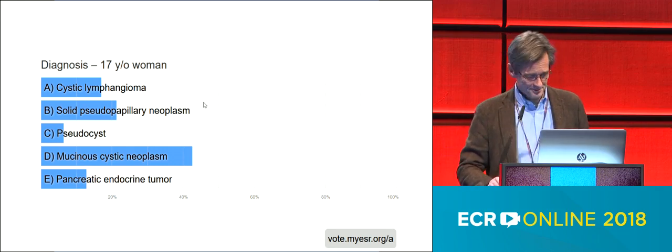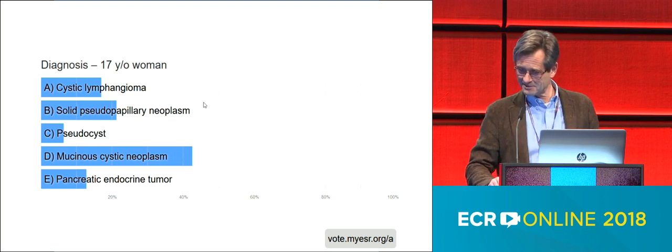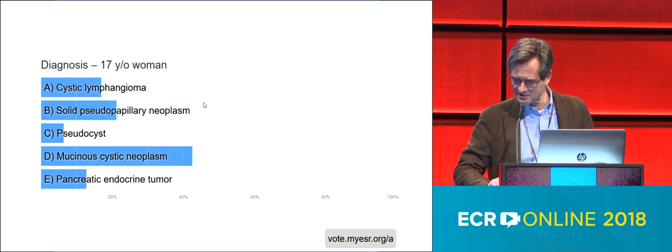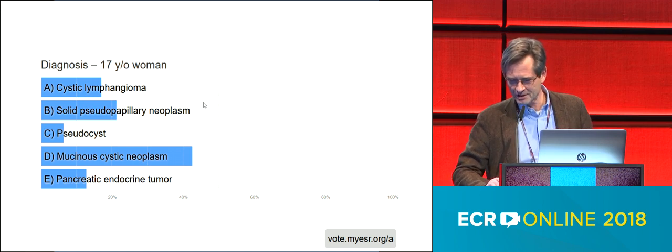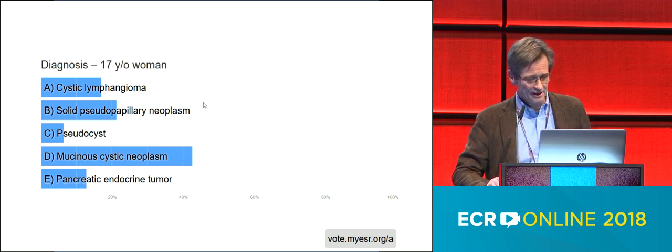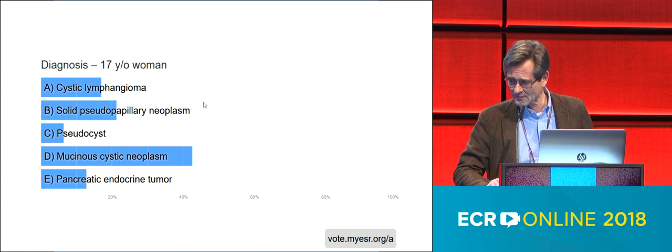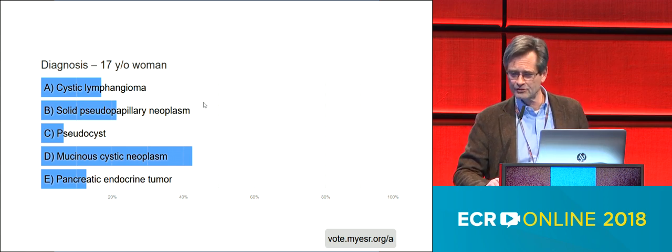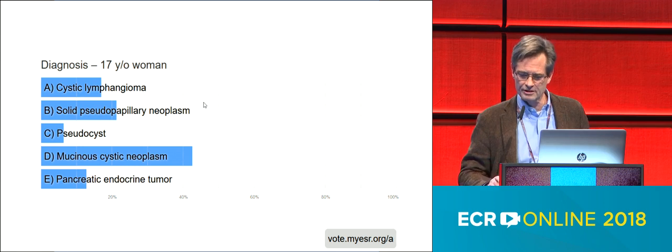So that's a nice answer, since I can discuss that. The mucinous cystic neoplasm in general is located in the tail of the pancreas in the majority of patients. It's mainly affecting women in the vast majority of patients, but age at diagnosis is a little bit later. For a pancreatic endocrine tumor, even from the imaging side, we don't have enough enhancement even in the periphery of the lesion to support that.